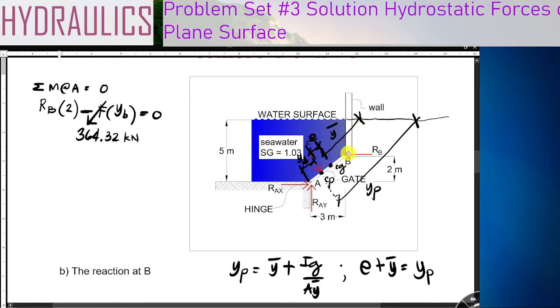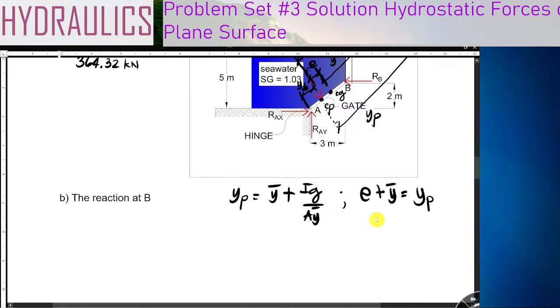So from the center of pressure up to the water surface, that's your Y_P. Geometrically speaking, E plus Y bar is Y_P. In equation form, Y bar is this, I_G over A Y bar is this. That is the relationship between the eccentricity and the location of the center of pressure.